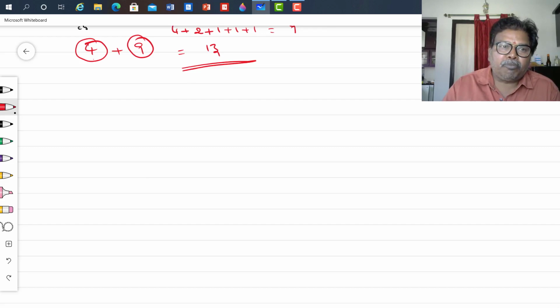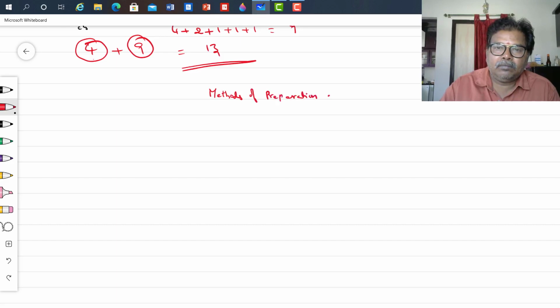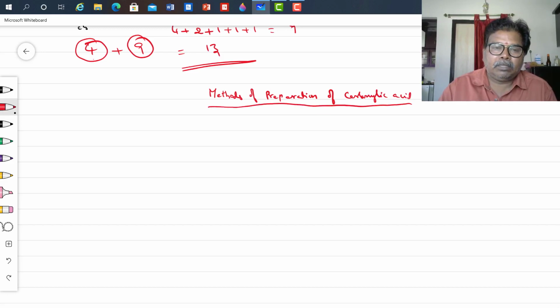Now, methods of preparation of carboxylic acids.